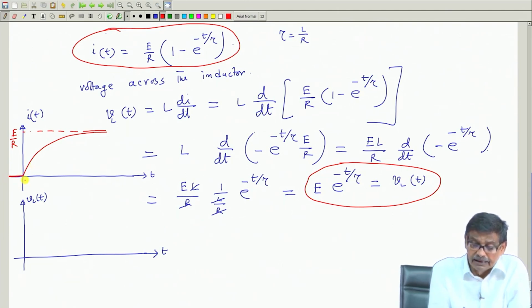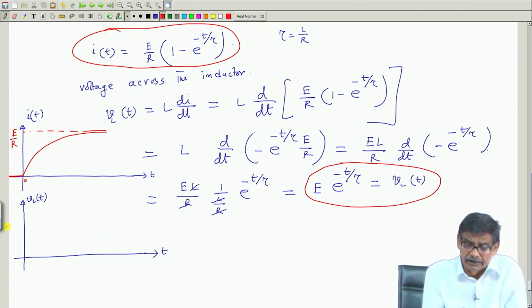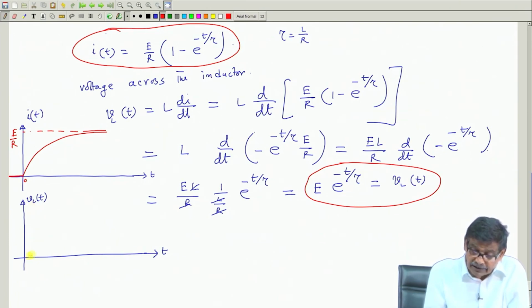As I am telling, this is t equal to 0. Always try to sketch the current before t equal to 0, at least at t equal to 0 minus, what was the current. And now the voltage across the inductance.